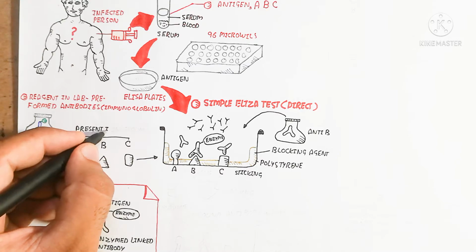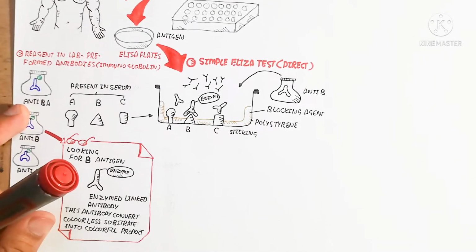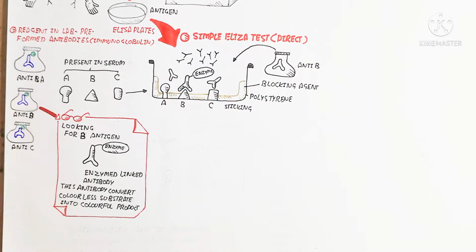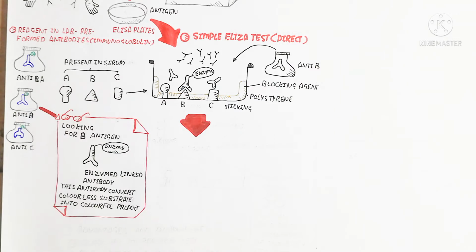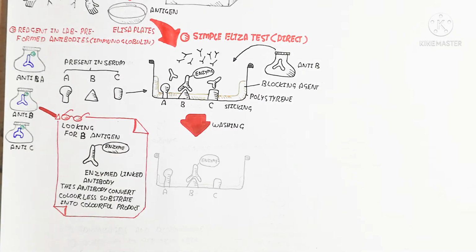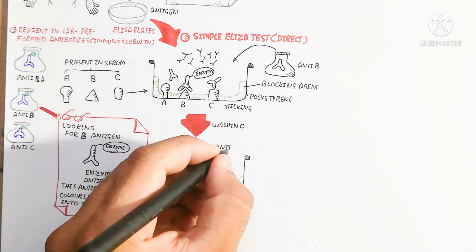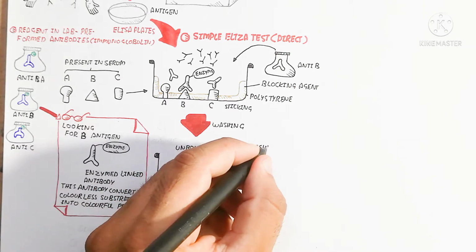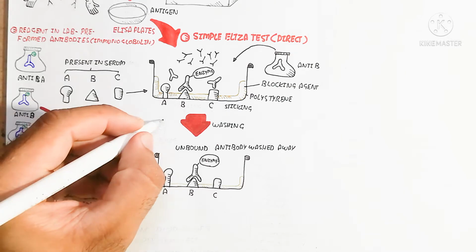It means we are linking the enzyme with antibody B against antigen B, for example influenza virus or coronavirus, you can think about that. After that process, the next step is washing. This washing step washes away all the antibodies that are not matched to the epitope for B.